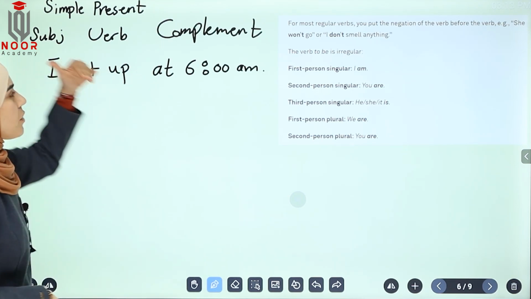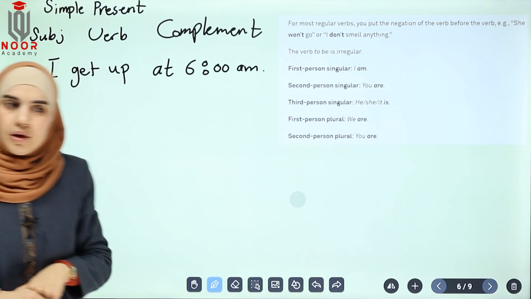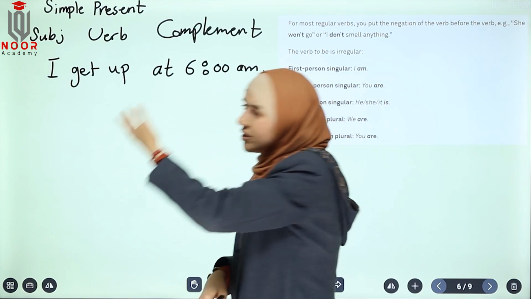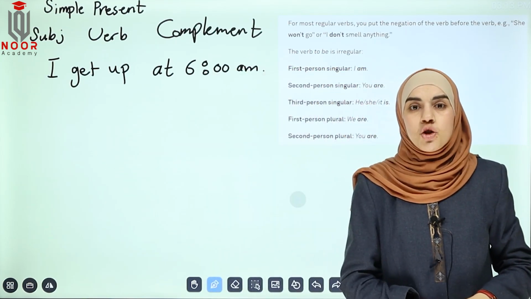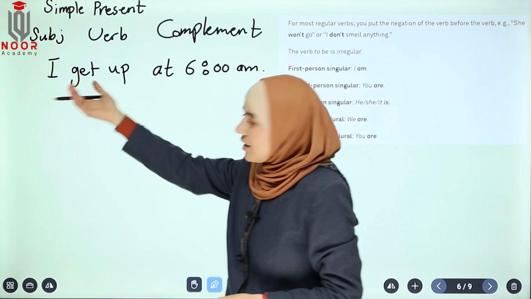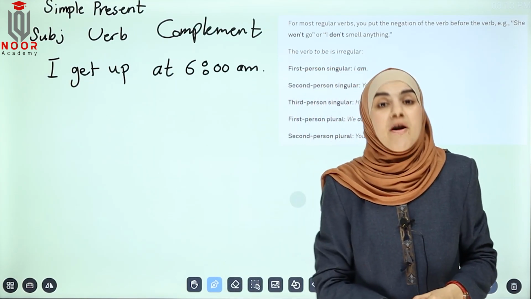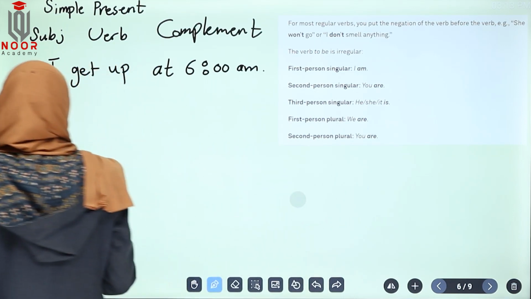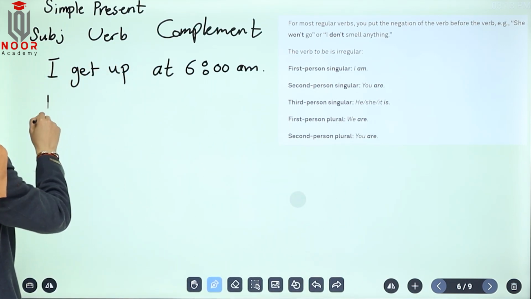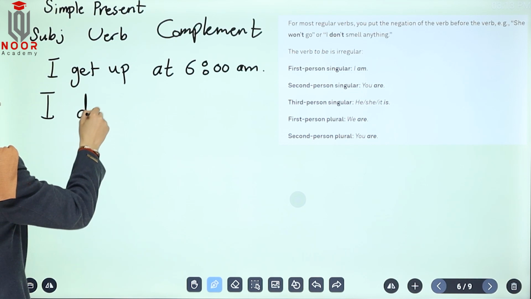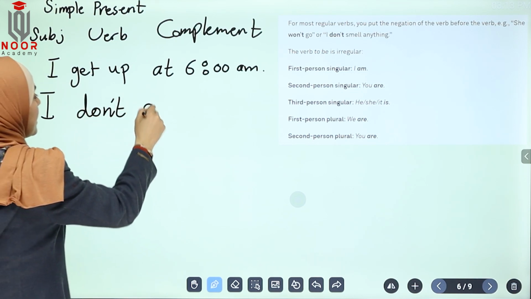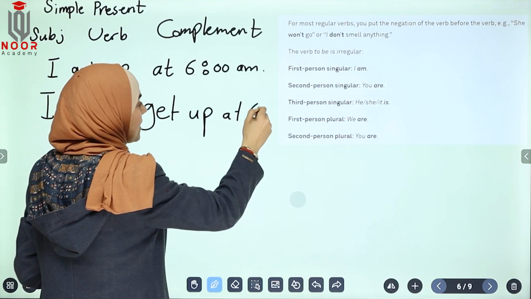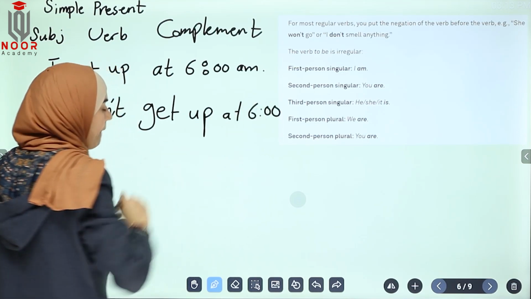If I ask whether this sentence is affirmative or negative, it is affirmative. How can I make it negative? Very simply: I don't get up at 6 o'clock.